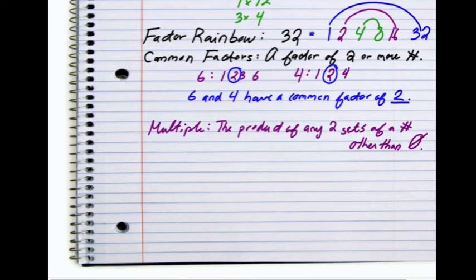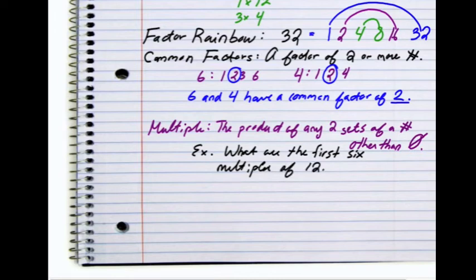An example would be, what are the first 6 multiples of the number 12?